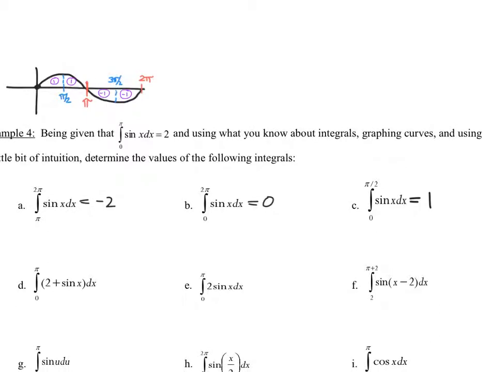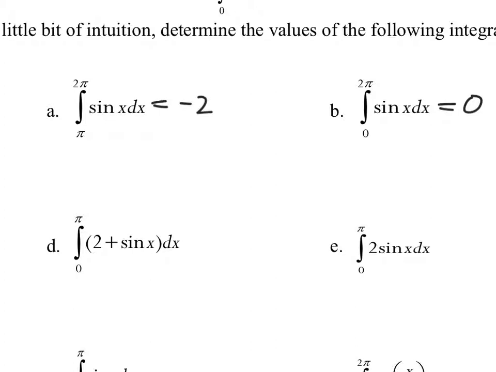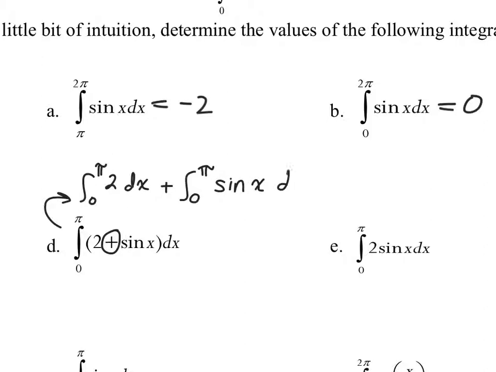For D, it's a little different, but nothing too crazy. What I want to do here is use one of my properties first, and that's the sum property: 0 to pi of 2 dx plus 0 to pi of sine x dx.